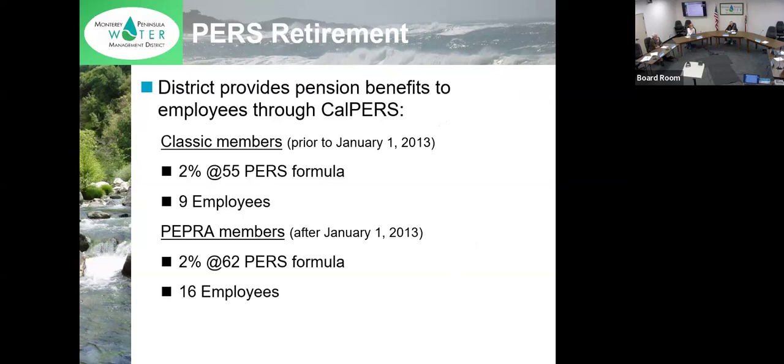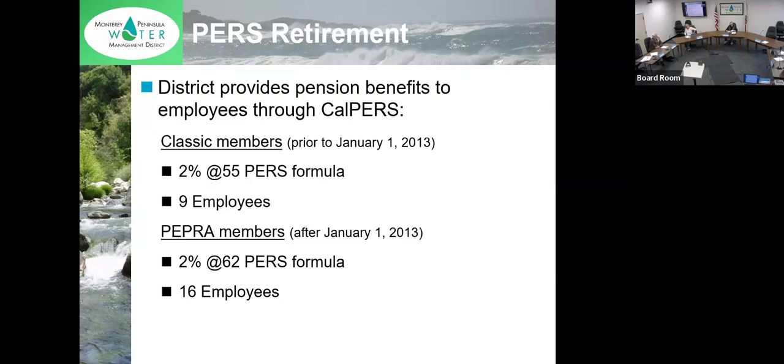There are mainly two types of retirement benefits. One's for classic members and one is for PEPRA members. Classic members are those hired prior to January 2013. They get a benefit of 2% at 55, which means 2% of their salary times their final year compensation times the number of years of service. And then PEPRA employees, same formula, 2% at 62.